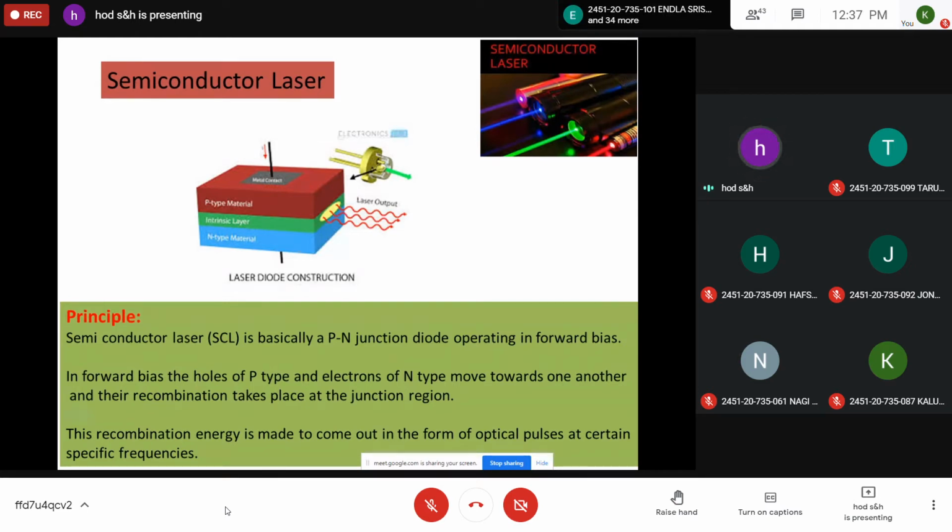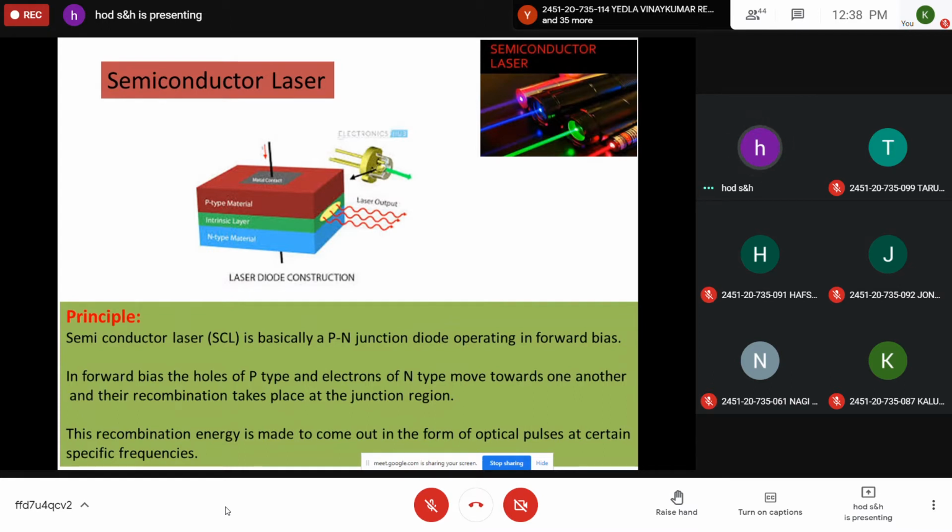Under forward bias voltage the electrons and holes move towards the junction region, and whenever an electron and hole recombine, this recombination energy is converted into an optical pulse in the required frequency, which is nothing but the laser light.